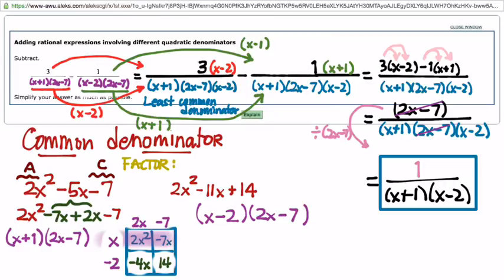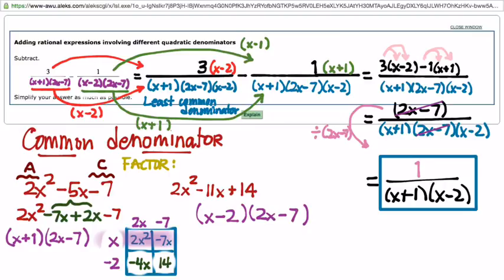So that is a worst-case scenario. We had these two quadratic denominators, which had leading coefficients that were not 1, and so that already set a higher bar for their factorization than otherwise we might have. So we employed an AC factoring method technique to break them apart. And then we discovered that when we did that, they actually shared a factor in common.